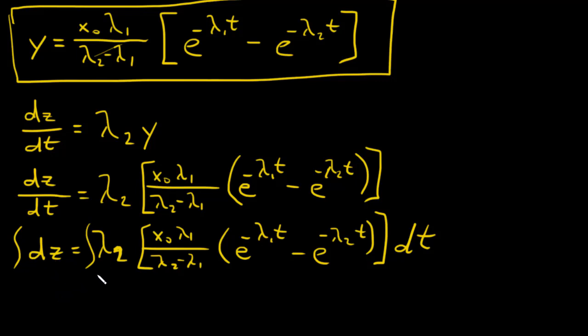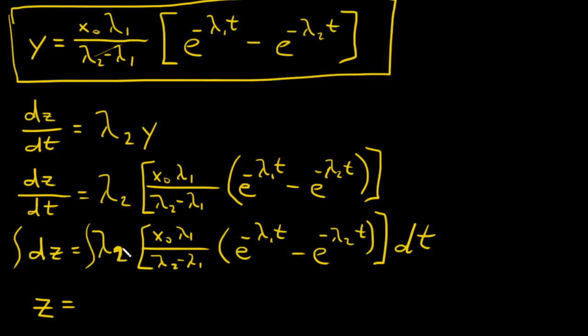Okay, integral of dz is just z. So z equals, and this looks just terrible, but it's not horrible because all of this stuff right here does not depend on t. None of it does, right?